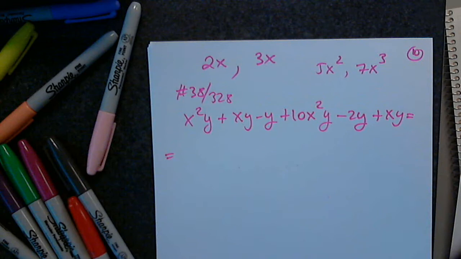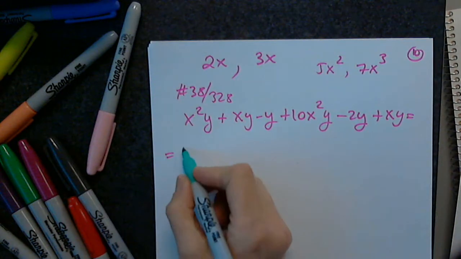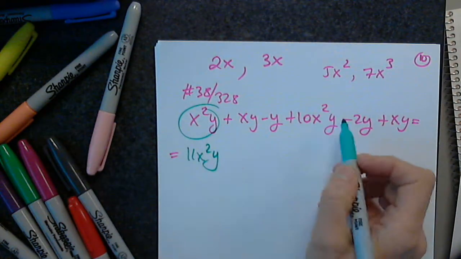We just have to start with the first term and go step by step, analyze and see if we can find the same thing. Can I find an x squared y anywhere? No, no, yes. No, no. So what is the coefficient of x squared y? 1. What is the coefficient of the other x squared y? 10. It's positive 10, right? So positive 1 plus 10 is 11. 11x squared y. So these are accounted for.